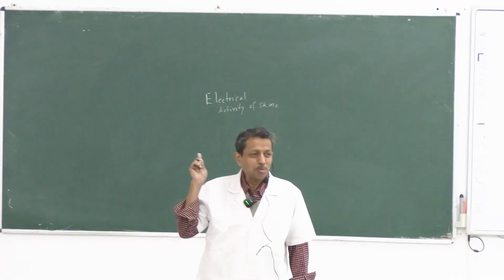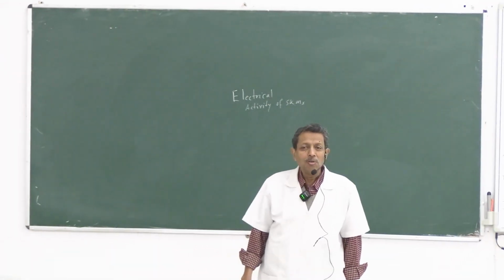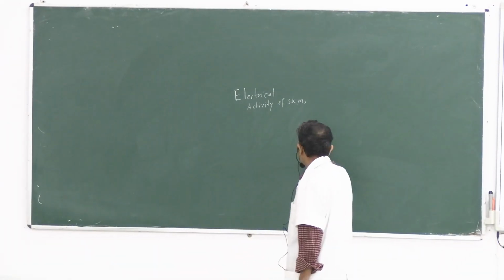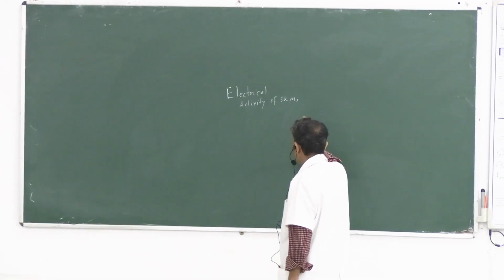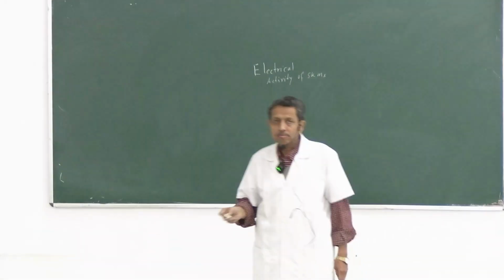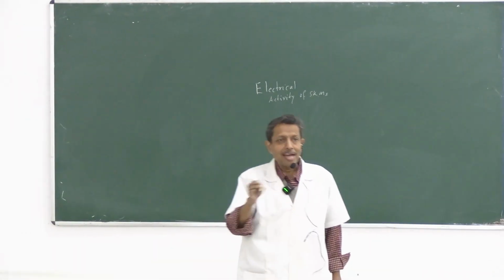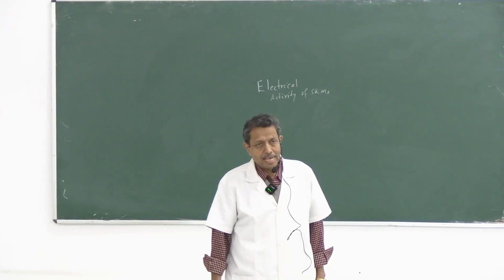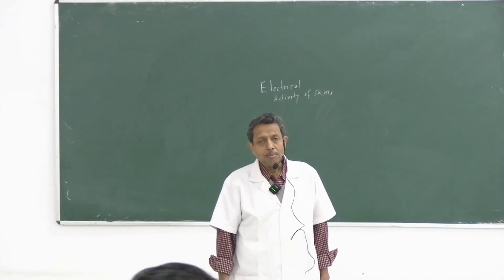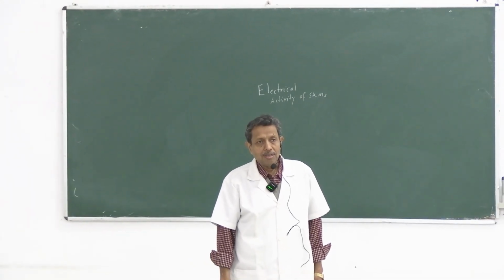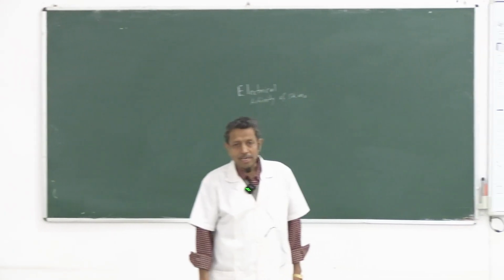Now, in case of skeletal muscle, it is also the same thing. Monophasic action potential, that is, one electrode outside and another inside. In that case, the basal potential is the resting membrane potential.